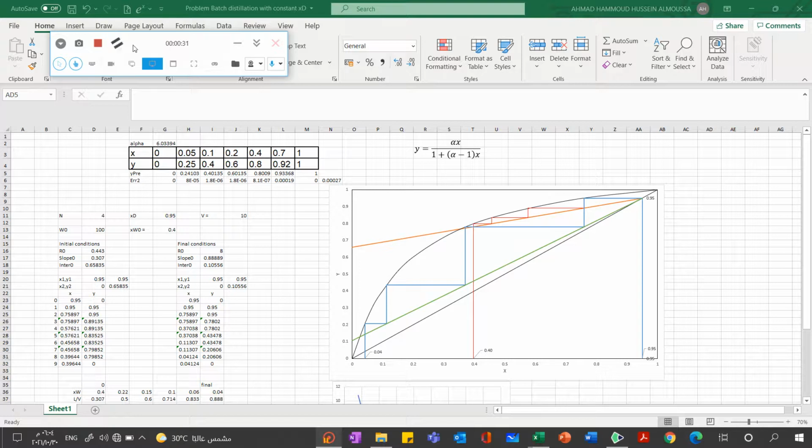It is for questions with constant XD only, not for the same as the previous kind, which is only for constant reflux ratio. So let's go through it.